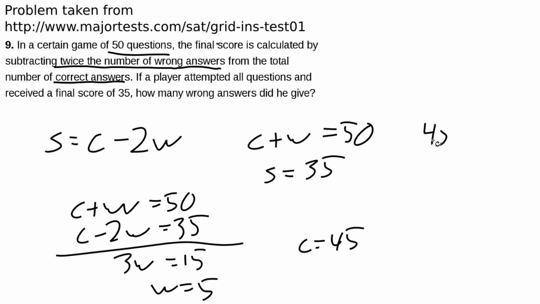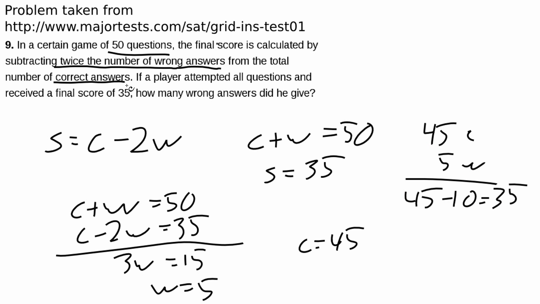So he got 45 right, 5 wrong, so his score was 45 minus 10, which is 35, just like they said. How many wrong answers did he give? 5 wrong answers.